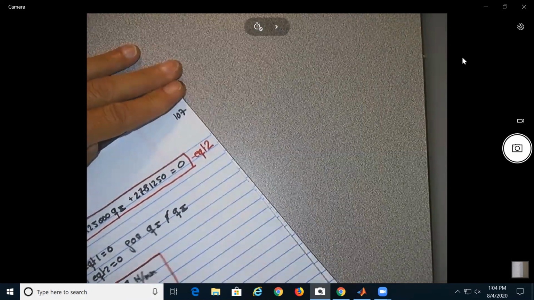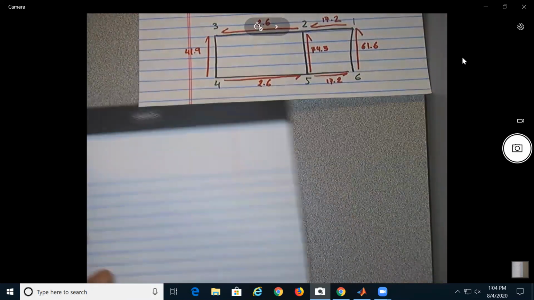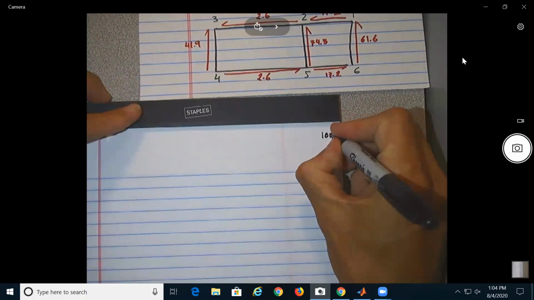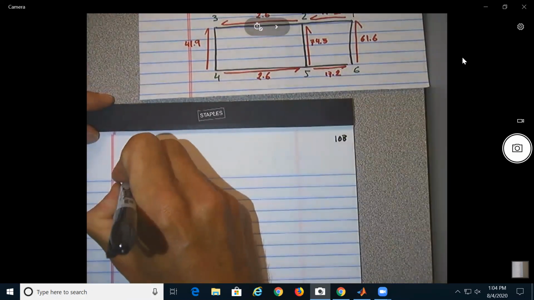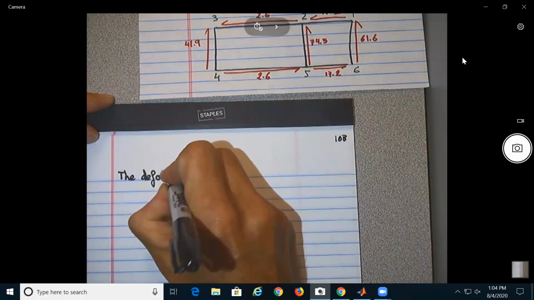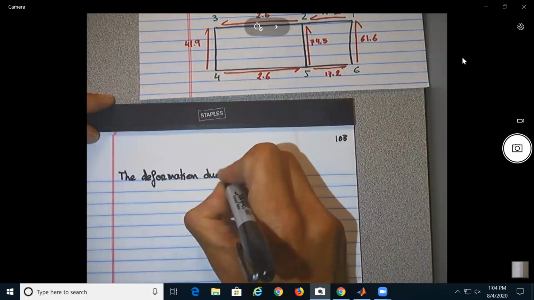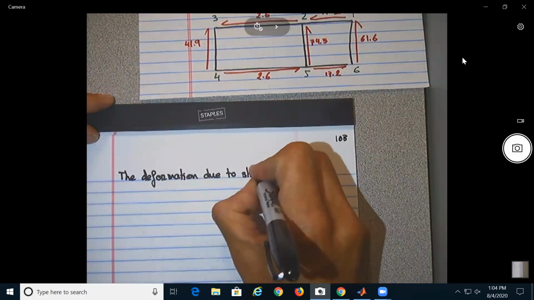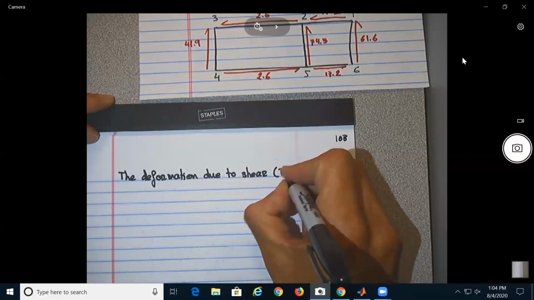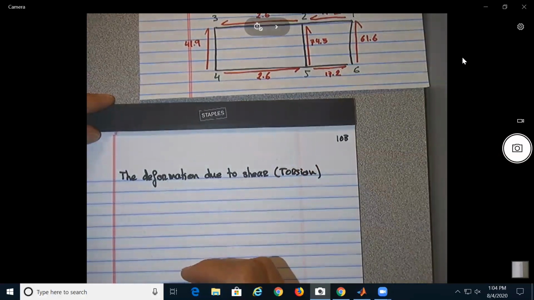So now, the deformation due to shear, which is due to the torsion of this cross section, we have the expression to be equal to what?